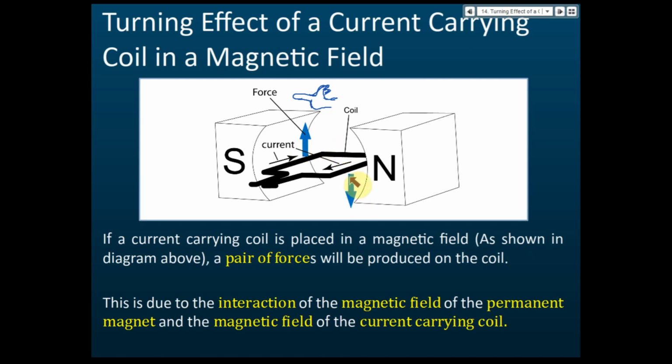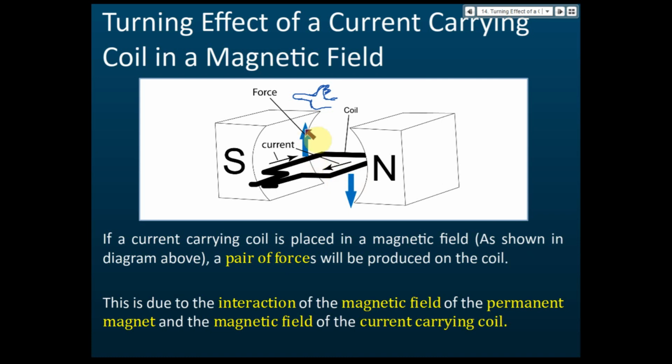These pairs of forces, there are two forces, right? This pair of forces will produce what we call a torque or a couple. These two forces will produce a torque or couple that makes this coil rotate.